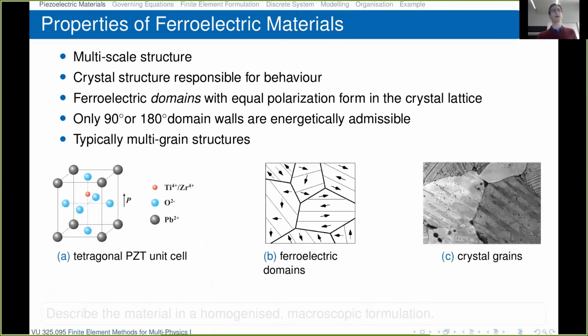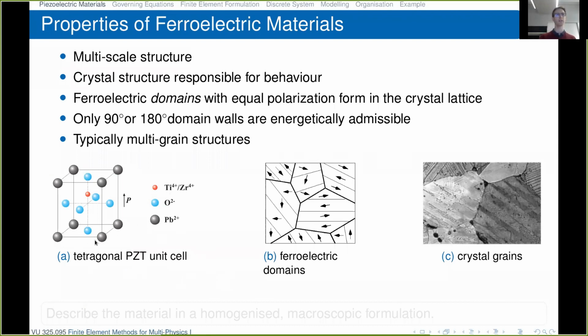Okay, so how do the properties of ferroelectric materials lead to the piezoelectric effect? For ferroelectric materials, it's important that they have a multi-scale structure. So you see here the structure ranging from the unit cell of a crystal.